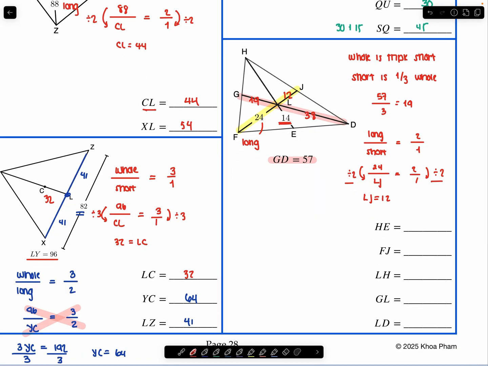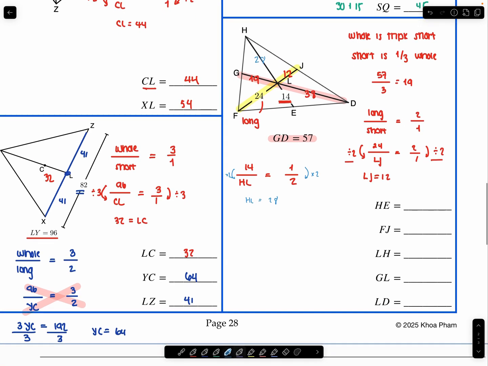14 here. So this is 14 over HL. The ratio for short to long is going to be 1 to 2. So to go from top to bottom like this, we're going to double that value. So HL here happens to be 28.